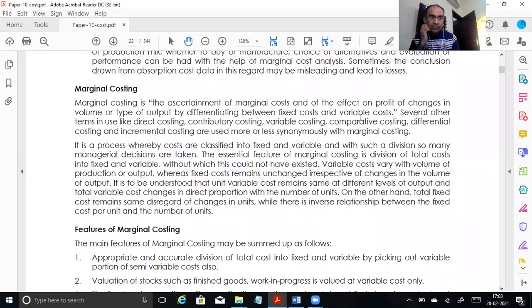So several other terms in use like direct costing. These are the different names: contributive costing, variable costing, comparative costing, and so on. So in marginal costing, basically, we are concentrating only on variable cost of the product. Okay. And for decision making purpose, we only consider variable cost and fixed costs are ignored.